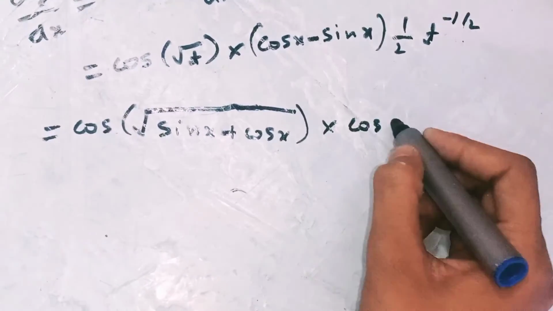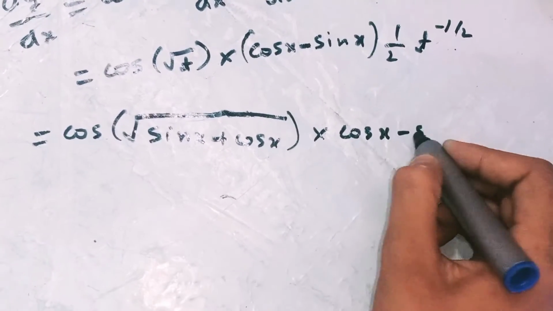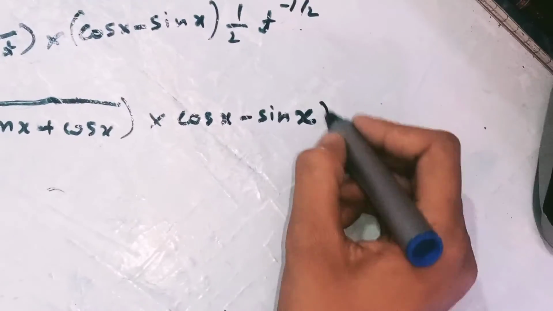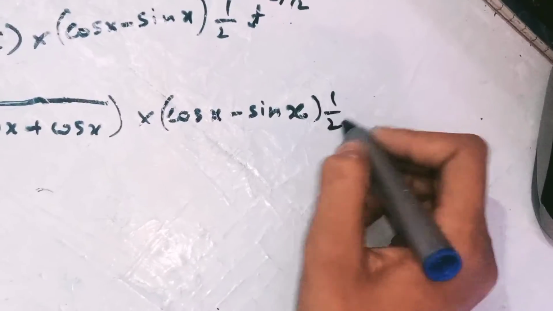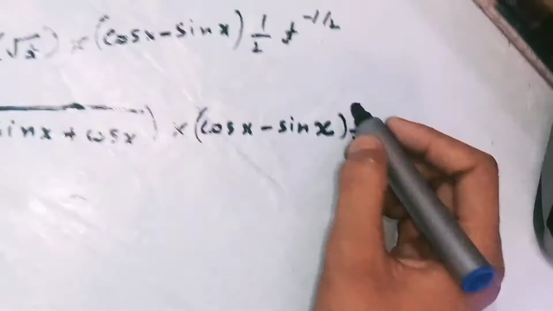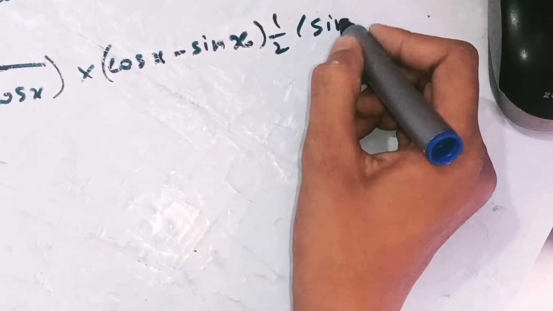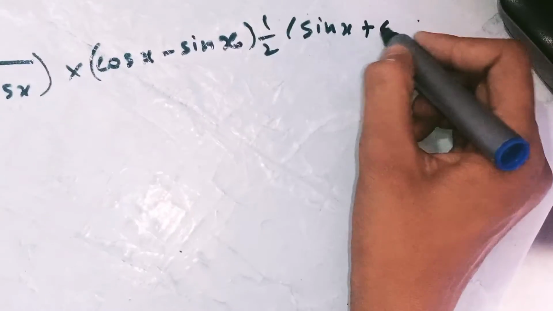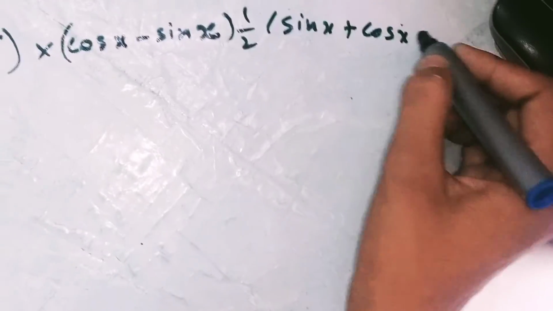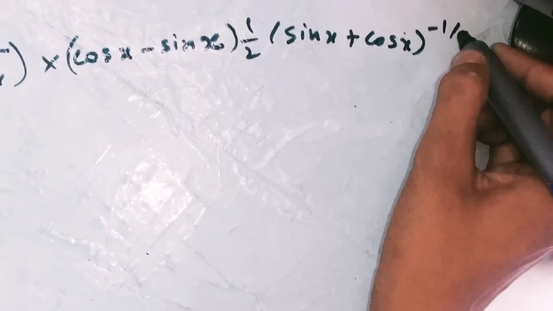And cos x minus sin x, and on this side again we will replace t with sin x plus cos x, so it becomes sin x plus cos x power minus 1 by 2.